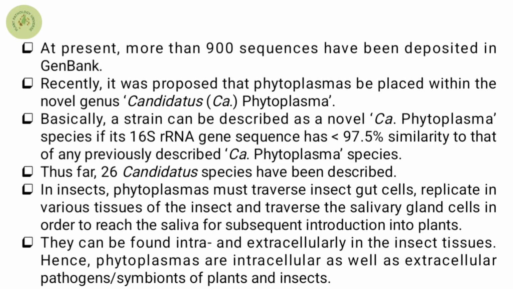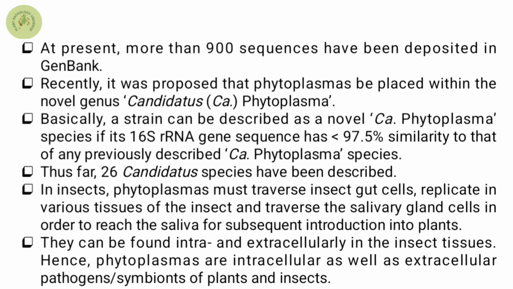So whenever we are writing the name of any phytoplasma, it will always be like, for example, candidatus phytoplasma trifolii, candidatus phytoplasma anything else, right? So this status candidatus was basically proposed with them because candidatus means that they have certain specific nutritional requirements, and they are not cultivable, right?